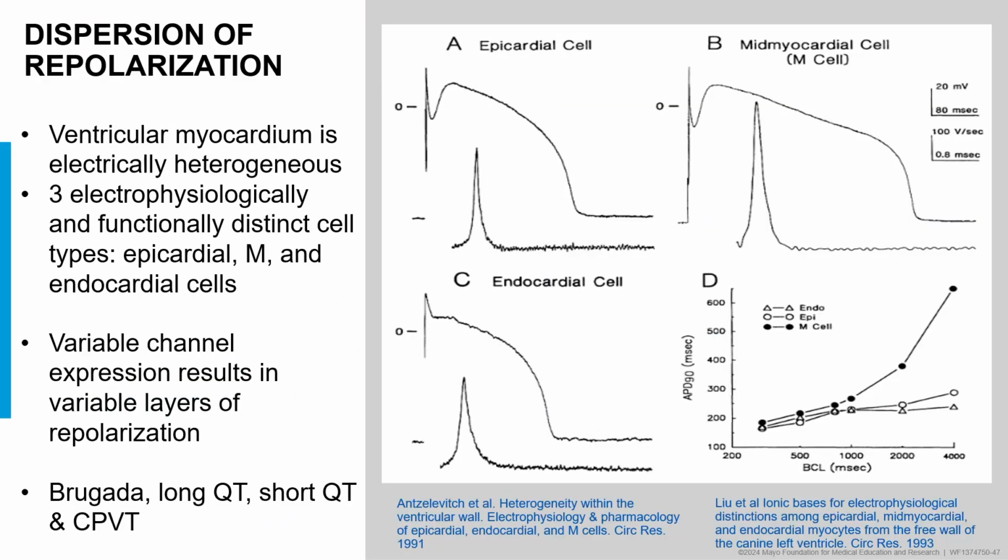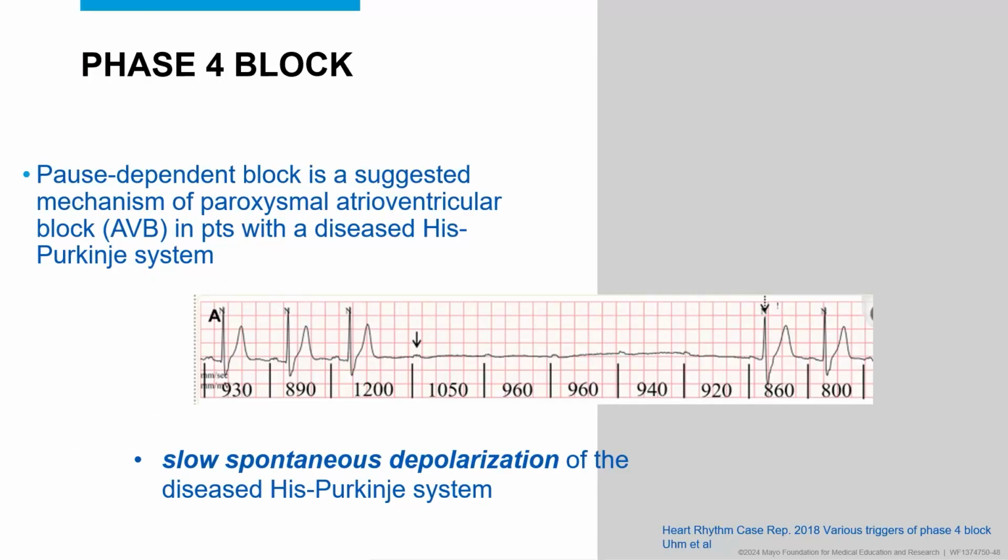The same thing here, looking at the distinct changes, just being aware that the myocardium has got these epicardial cells, your M cells, your endocardial cells, and variable expressions of channels throughout that. And that's why certain arrhythmias like Brugada focus in on certain regions of the myocardium as triggers for the arrhythmias.